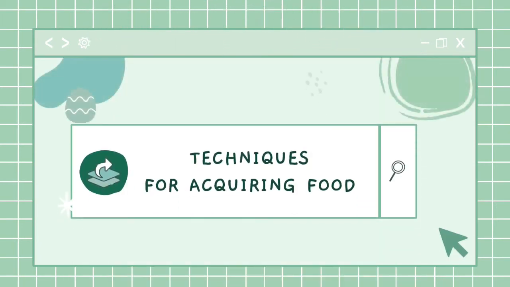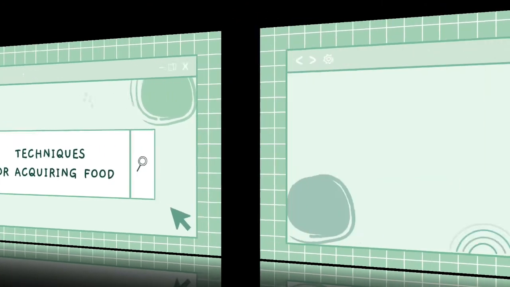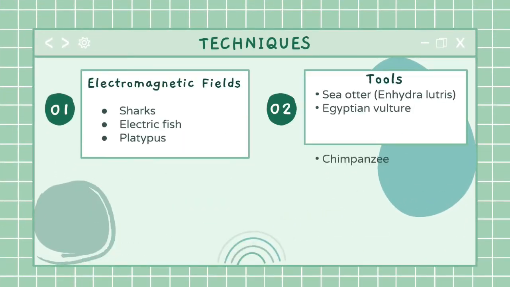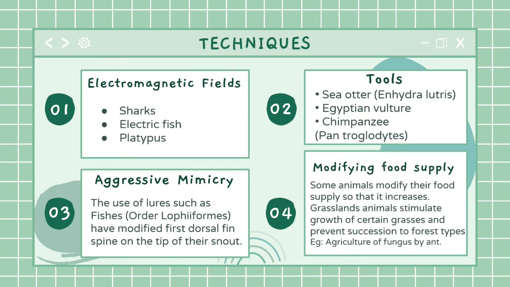Let's continue our presentation with the next subtopic, which is techniques for acquiring food. There are four techniques classified as electromagnetic fields, tools, aggressive mimicry, and modifying food supply. Under electromagnetic fields, animals that use this type of technique are identified as below: sharks, electric fish, and platypus.